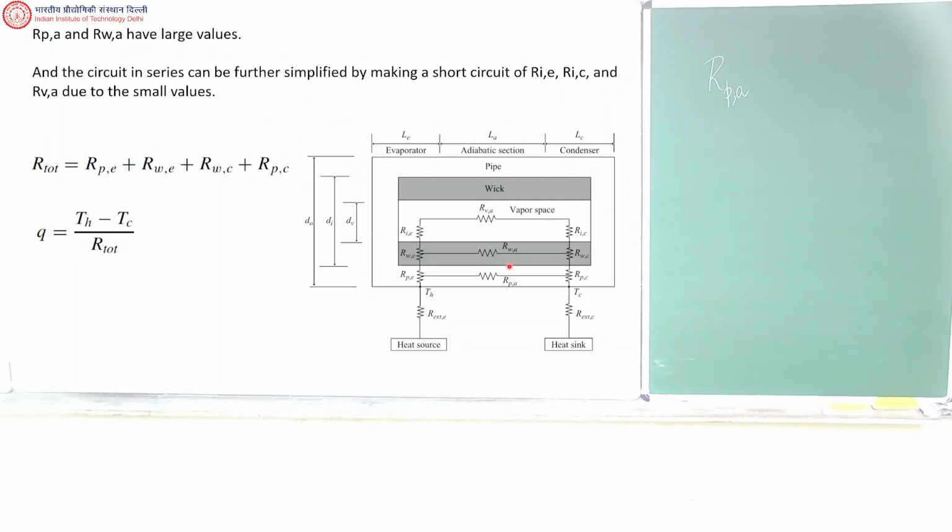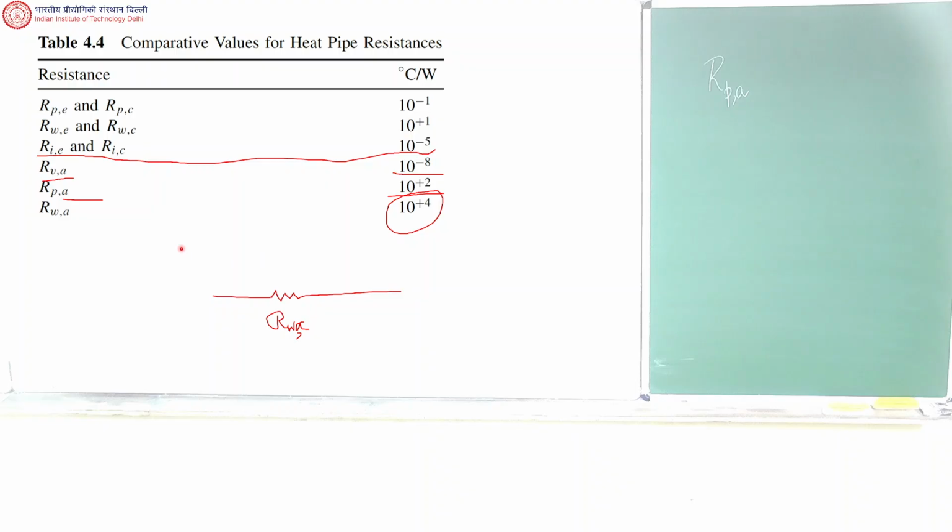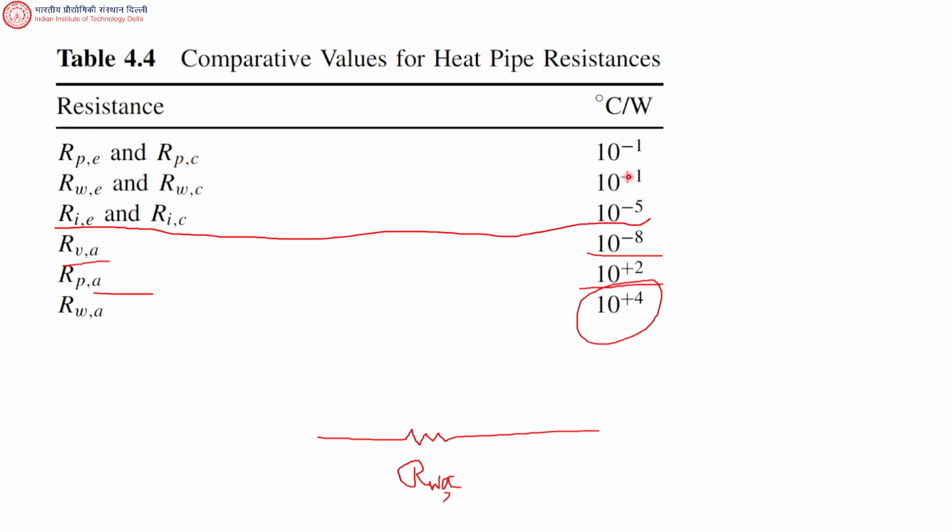But how do I know? This is based on this kind of data. RPA and RWA have got 10 to the power plus something. Okay, typical values. These other things like RWE and RWC, this has got 10 to the power plus something. But these three, the first one and this, they have got 10 to the power minus some number.